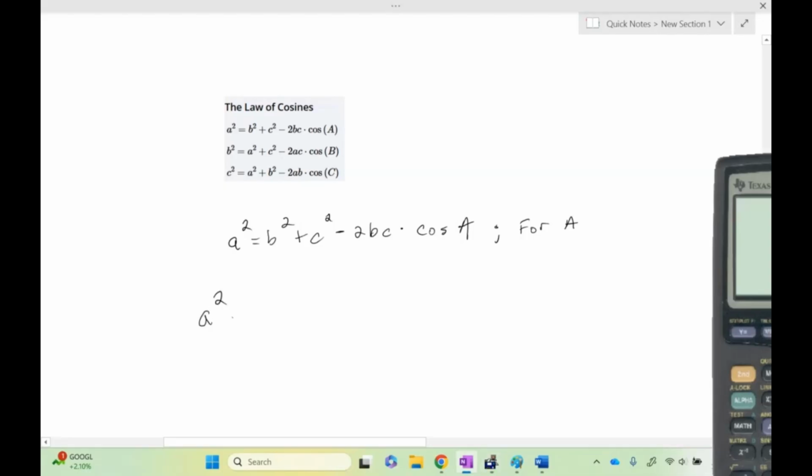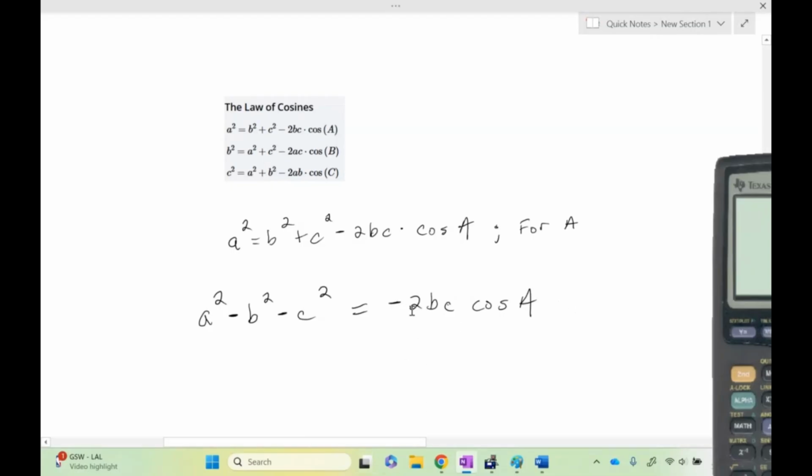So a squared minus b squared minus c squared is equal to negative 2bc cosine A. Right, so I'm simply taking b squared, subtracting that from both sides, taking c squared, subtracting that from both sides.